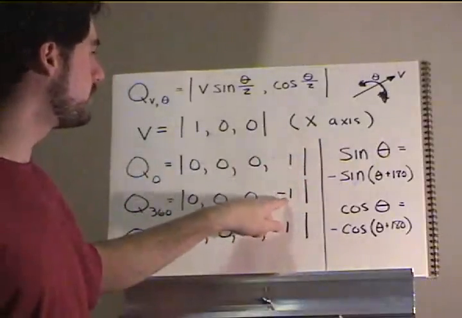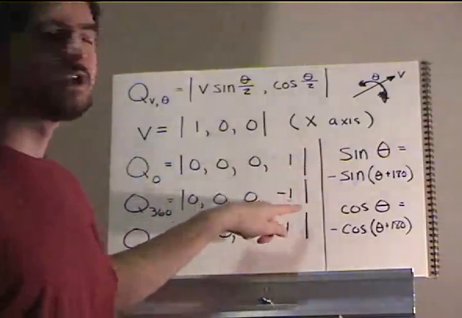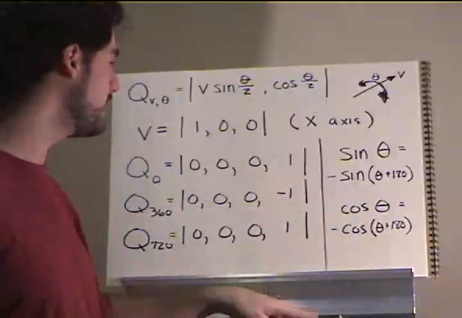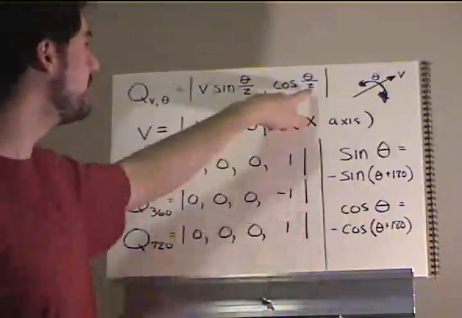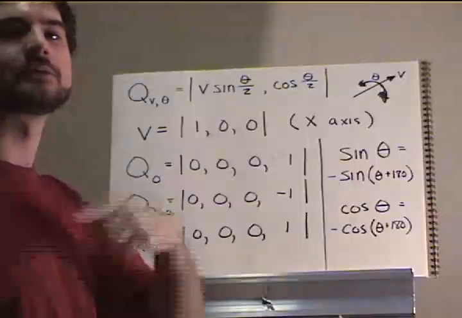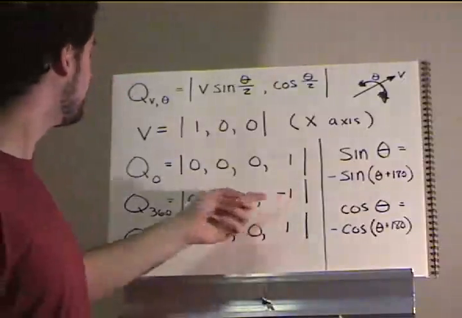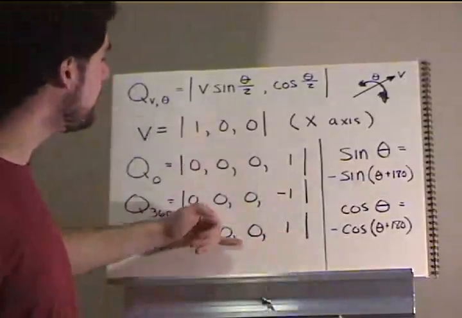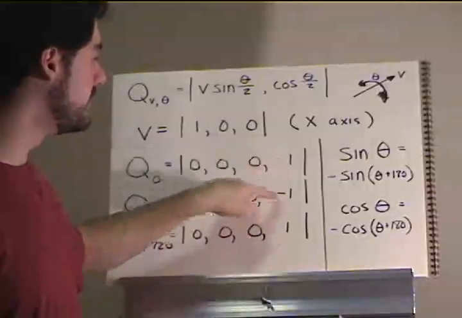If I'm rotating 360 degrees, normally with cosine of theta I'd be all the way back to where I was, and it would be 1 again, but I'm not. Because I'm only rotating theta over 2, which is 180 degrees, I've gone to the other side of my circle and I'm at -1. So I have to go to the full 720 degrees before I get back to 1 again.